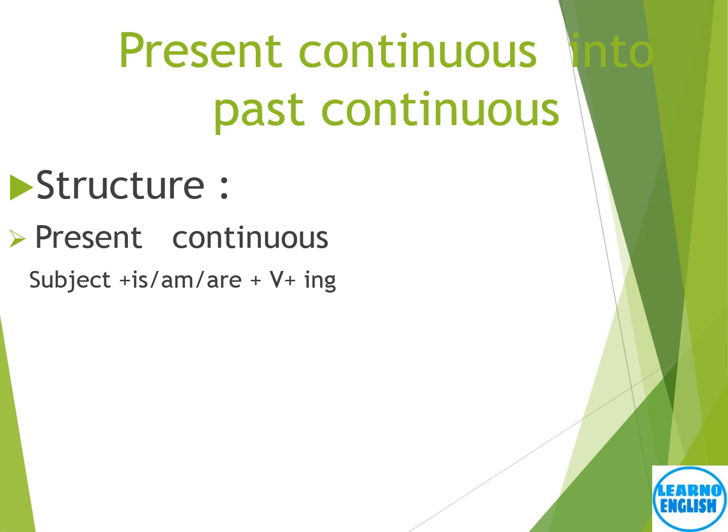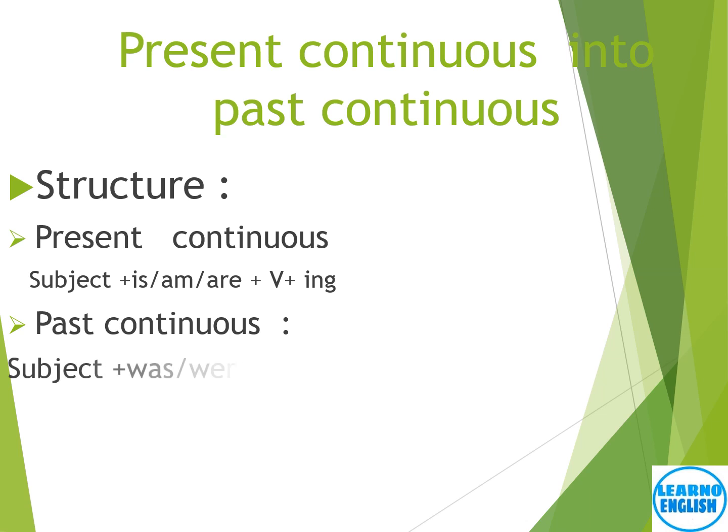If in a sentence there is is, am, or are, this simply means that the verb is in present form, and moreover we will add ing to the verb to make it into continuous tense. So the structure of present continuous tense is subject, is, am, are, and in case of the verb, we add ing.